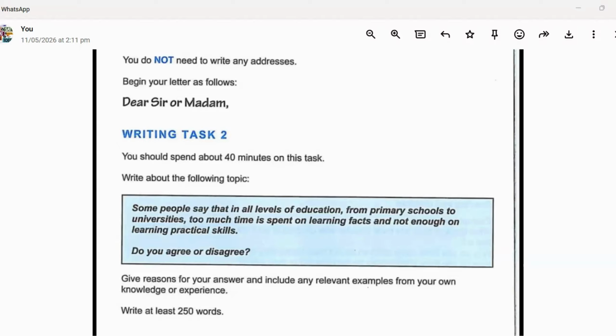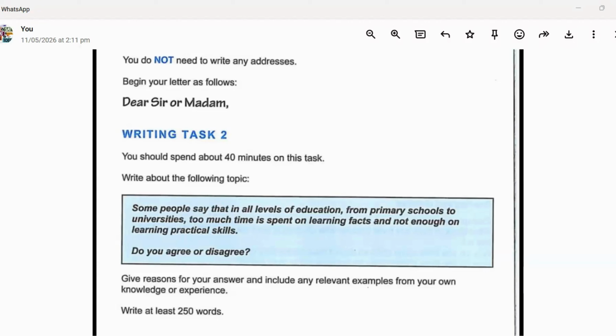Now, let's proceed to the strategies. Be it an academic or general training student, everybody is doing the essay writing. It is only when we get to Task 1 that there is usually a separation.